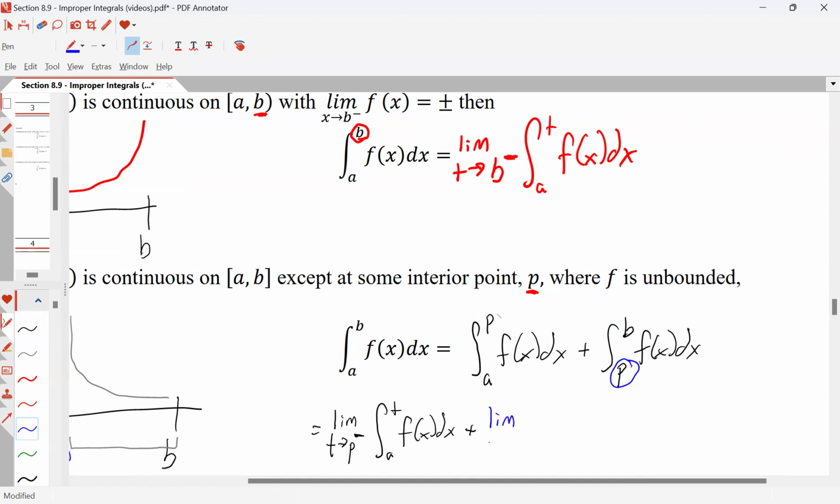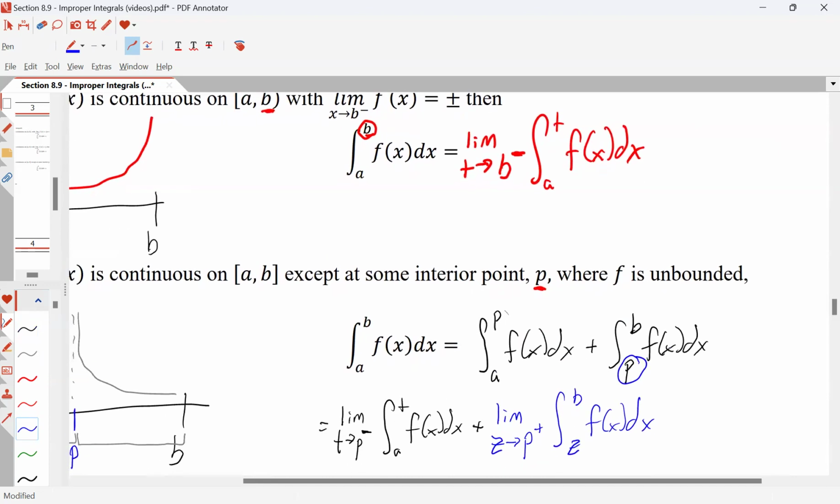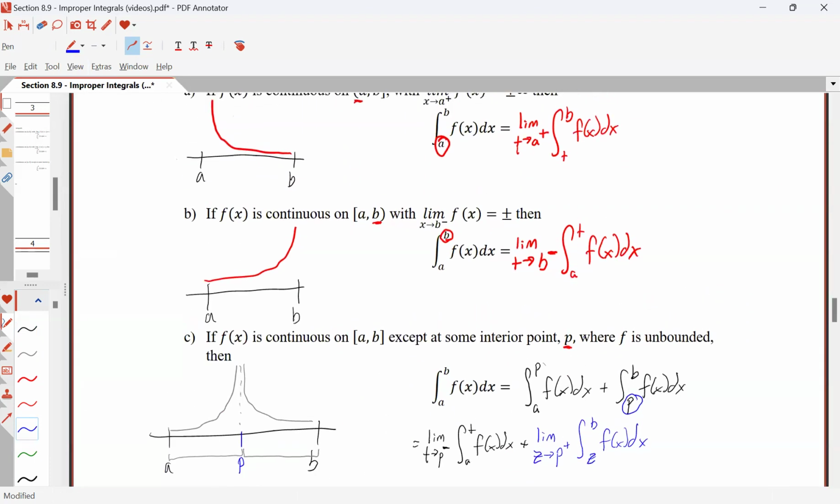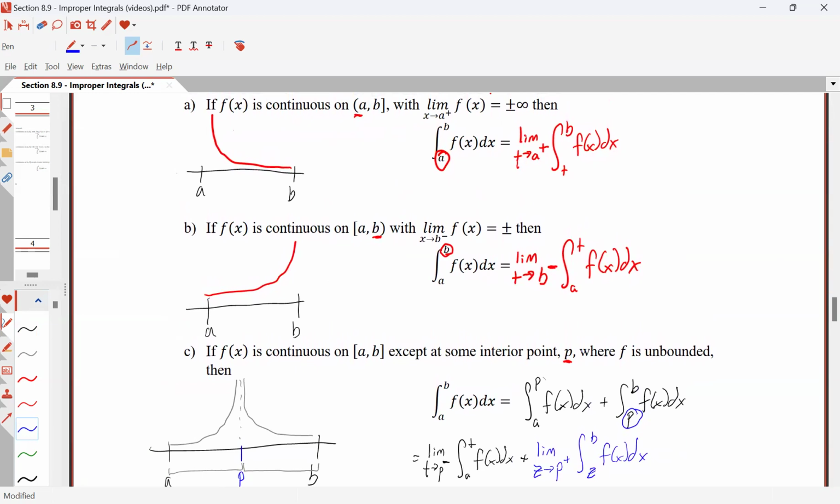So we'll turn it into a limit with a different variable. z goes to p from the right, integral from z to b, f of x dx. And then we evaluate those limits and those integrals as we normally would. So there are our rules for improper integrals of type 2. Just like with improper integrals of type 1, the first thing is to find where the problems are and turn them into limits.